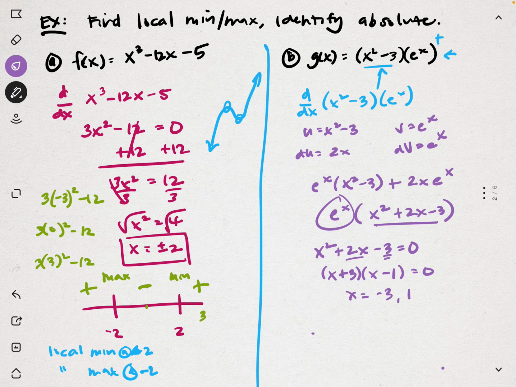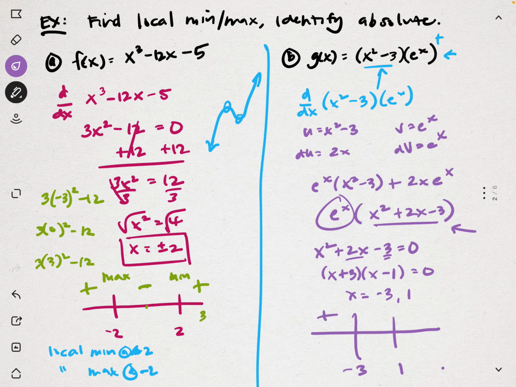We make our table here, our chart. And we're going to determine our signs here. So we're going to plug it into here. So let's do -4. -4 squared is 16 plus 2 times -4 is -8, so that's 8 minus 3.